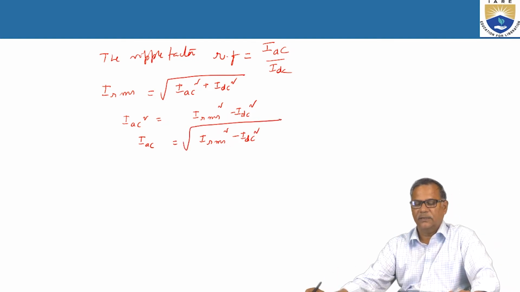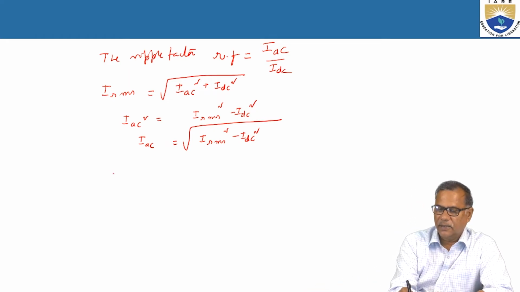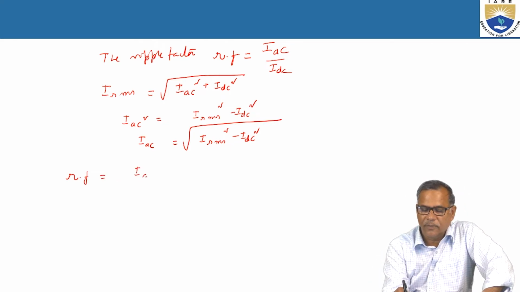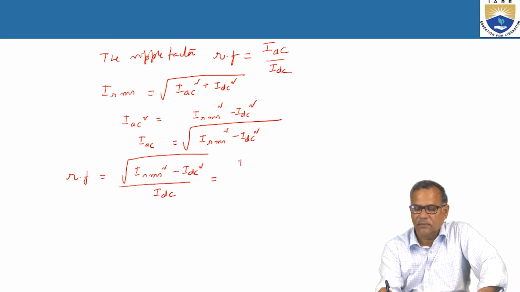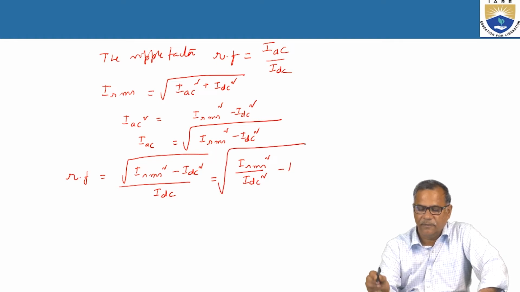Now the ripple factor RF is IAC by IDC. So root of IRMS square minus IDC square divided by IDC. So this is equal to root of IRMS square by IDC square minus 1. So that is the ripple factor.